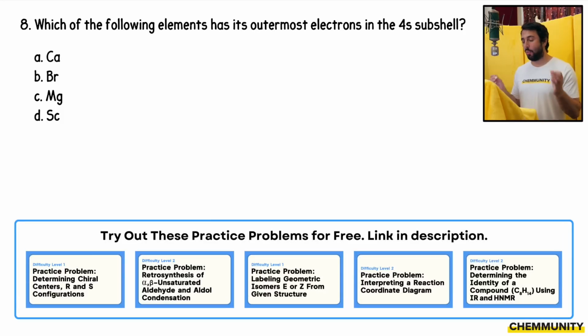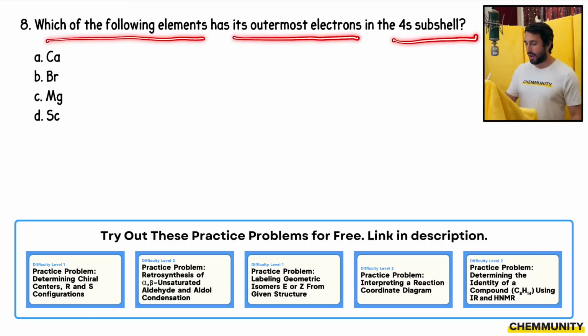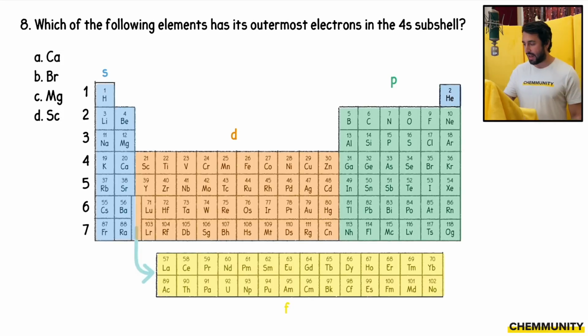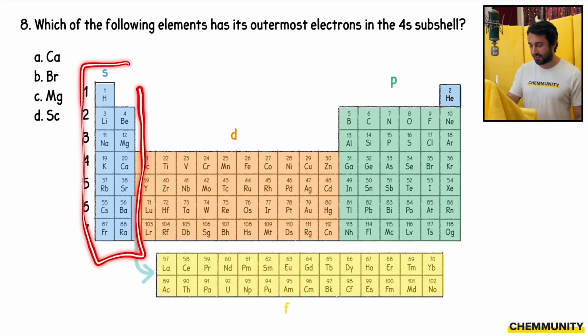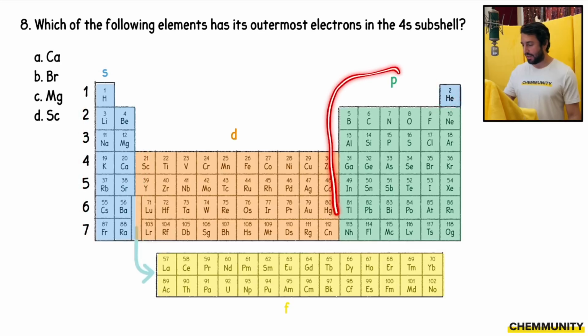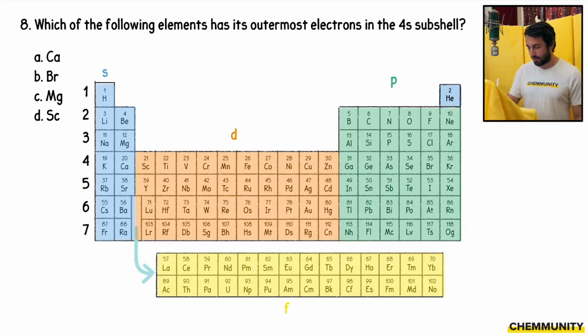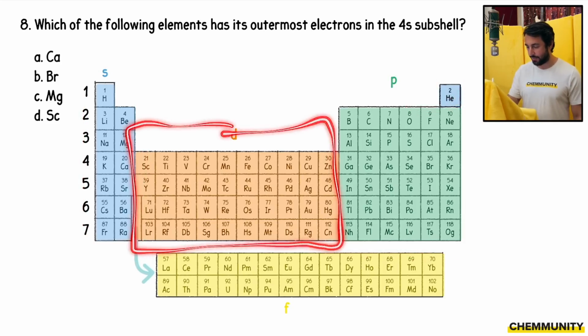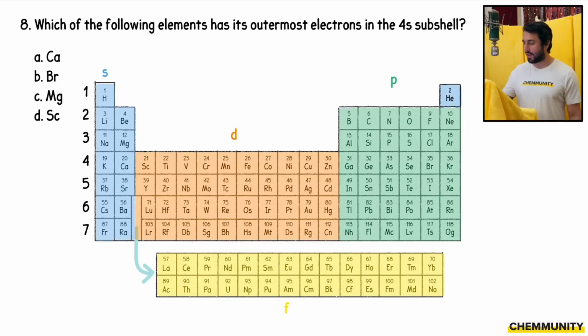Number 8 asks, which of the following elements has its outermost electrons in the 4s subshell? When we're looking at the periodic table, we have to understand that this is the S block, this is the P block, and this is the D block. So all we have to do is look at the specific element in question and see where its valence electrons lie. For example, we have calcium. Calcium is right here, so that does sit in the S block.